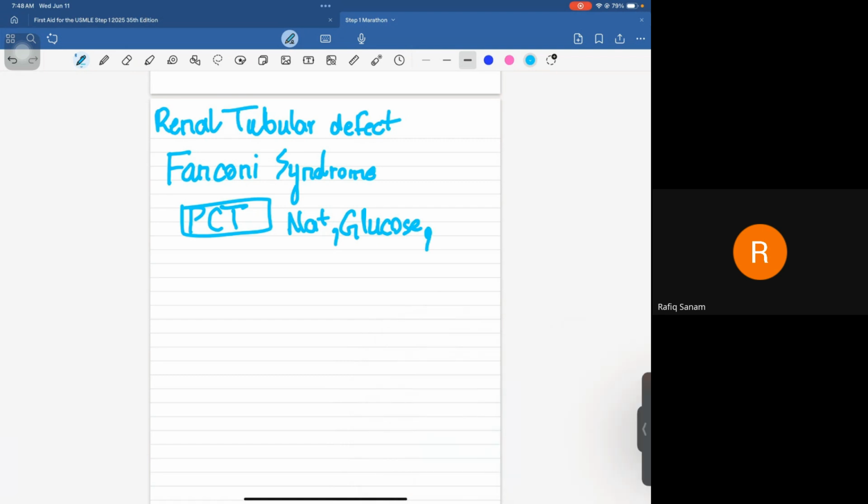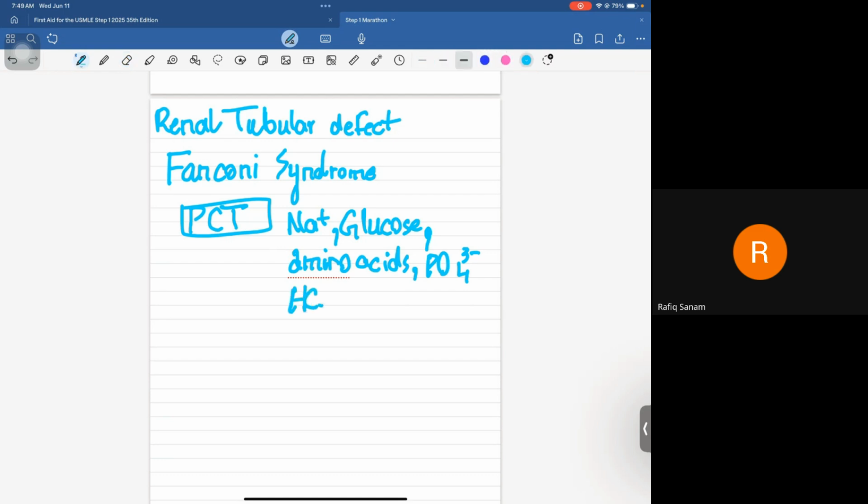Amino acids. Phosphate. Yes, so you have to remember these by heart. You have to remember what substances are absorbed at what point. And phosphate as well. Remember, PTH was causing phosphate to not get absorbed.